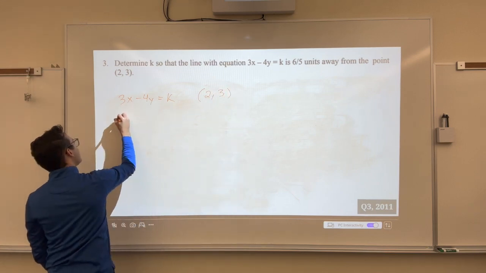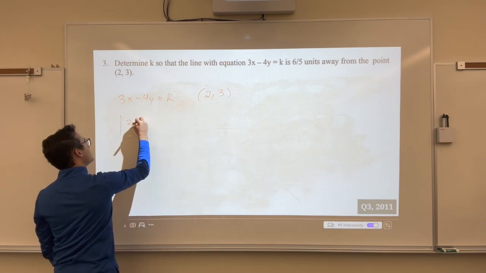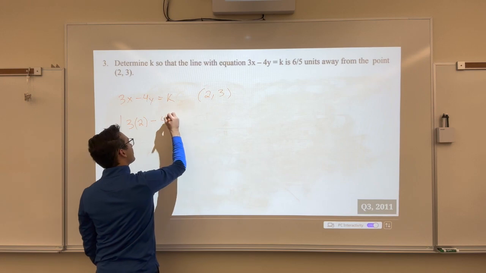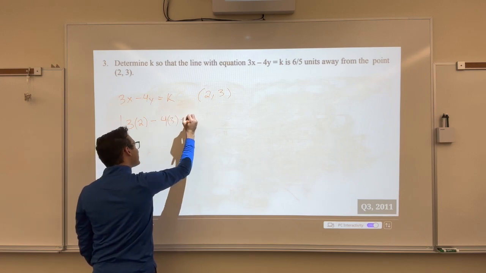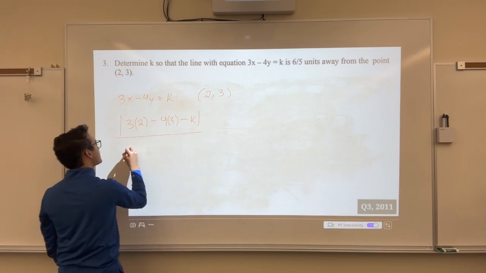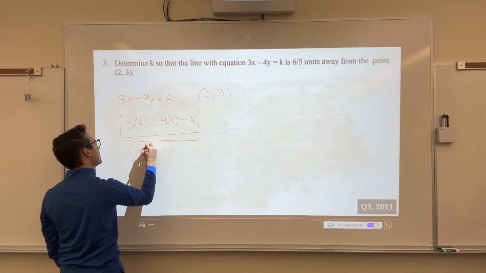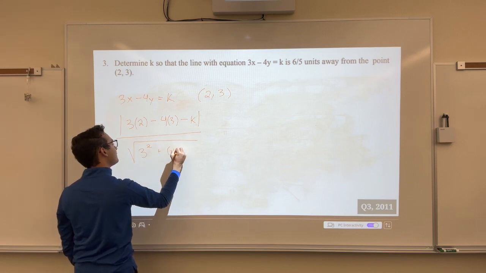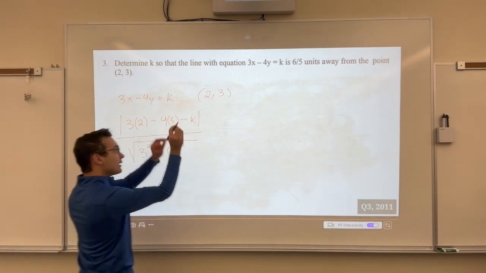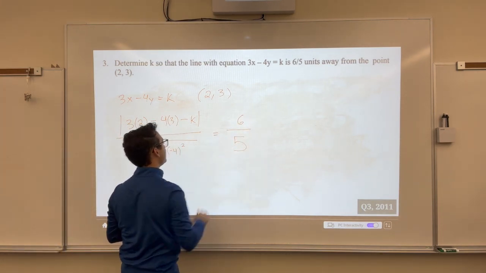So the numerator would be 3 times 2 minus 4 times 3 minus k all over the square root of 3 squared plus negative 4 squared. And that's the distance, and it equals 6 over 5 units.